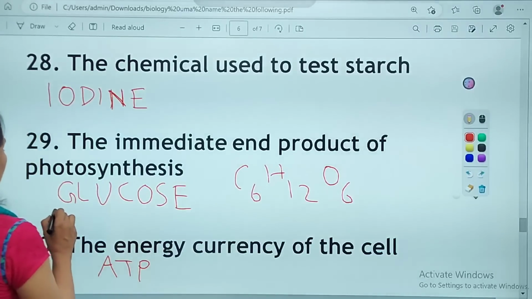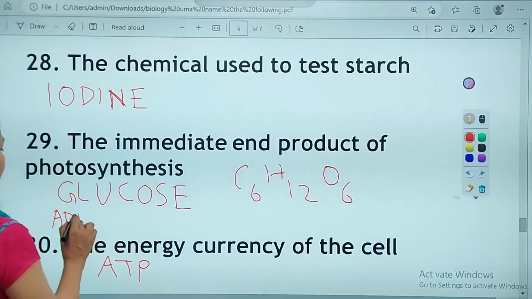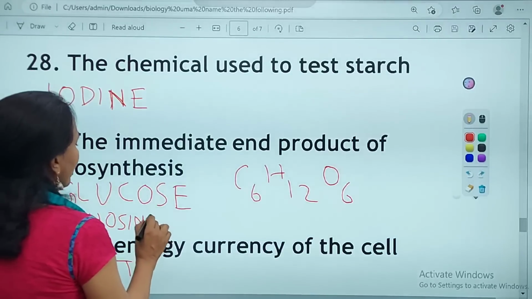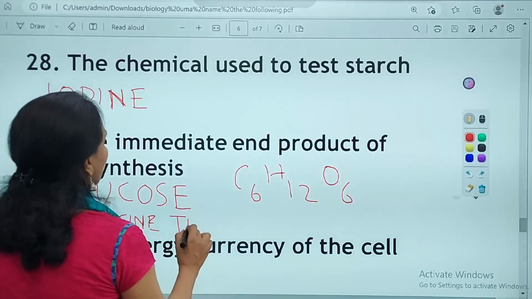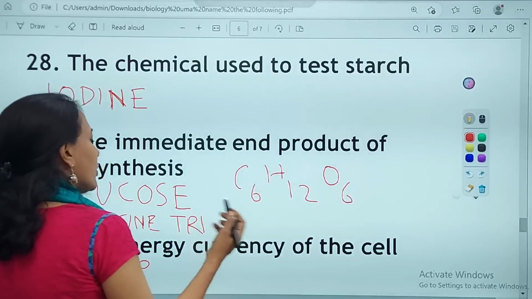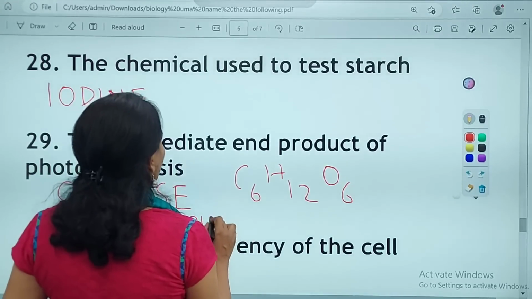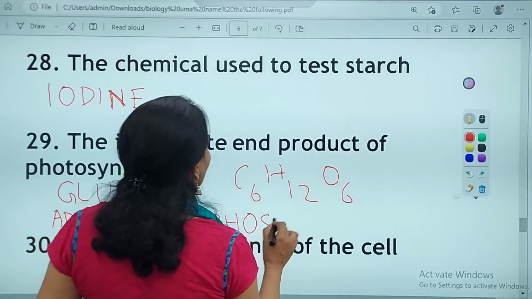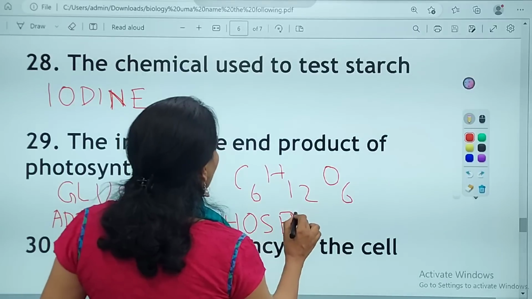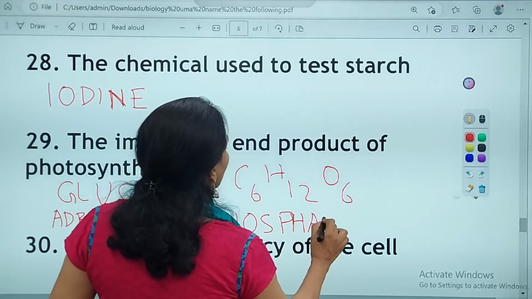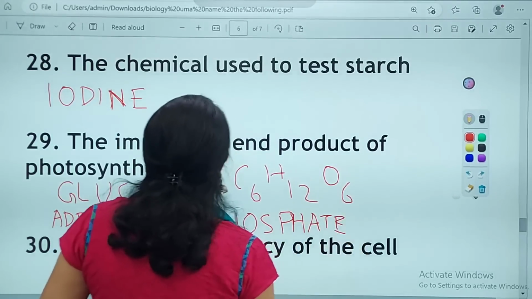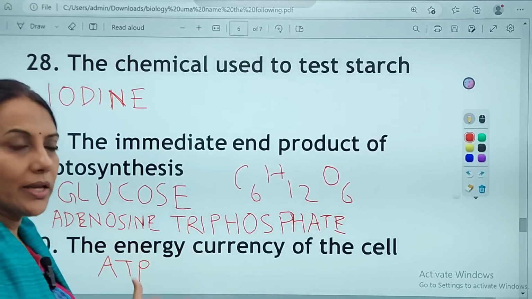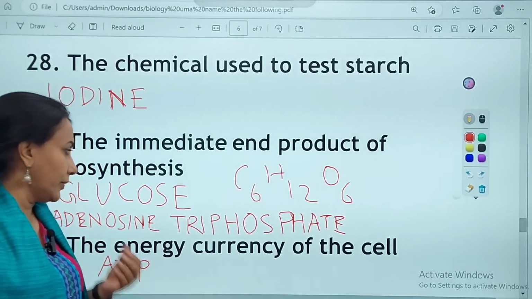What is ATP? Adenosine triphosphate. There is also something called ADP. That's also a precursor of the ATP, and ATP is broken down into ADP as well, plus energy. Adenosine triphosphate. The energy currency of the cell, meaning this is what it uses for carrying out any activity in the cell.